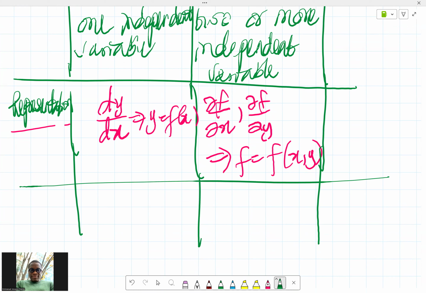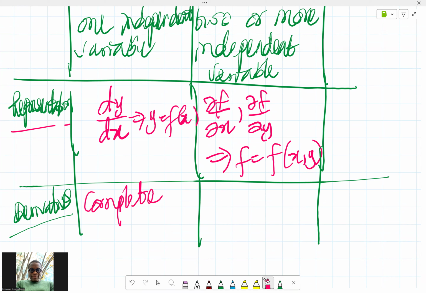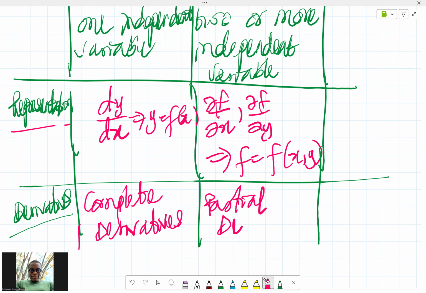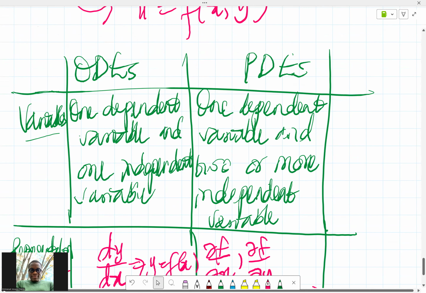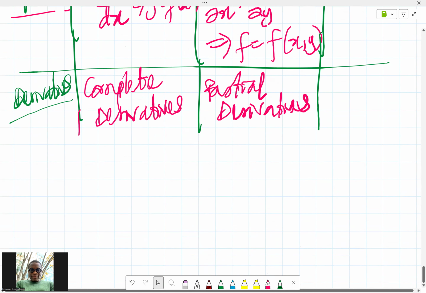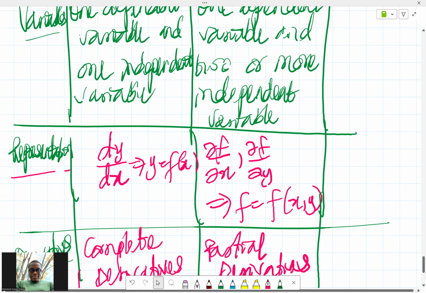I also want to talk about derivatives, which we have said already. Here we have complete derivatives, and here we have partial derivatives because you are differentiating with respect to more than one variable. That's a very simple comparison we can make.